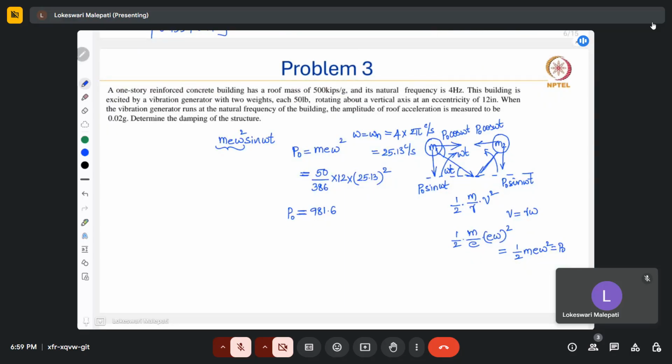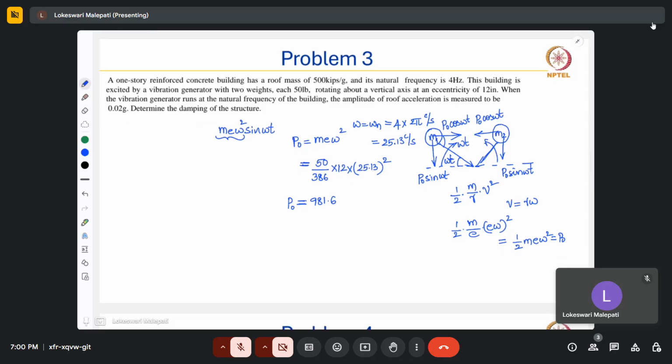So we can write the acceleration response. What is the equation for the acceleration response?